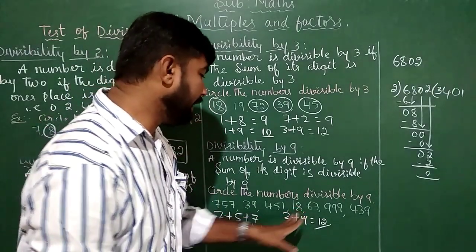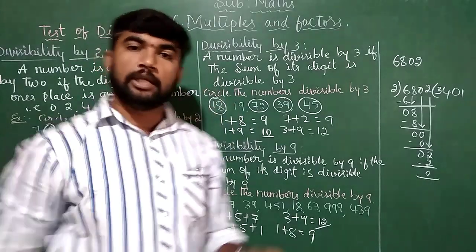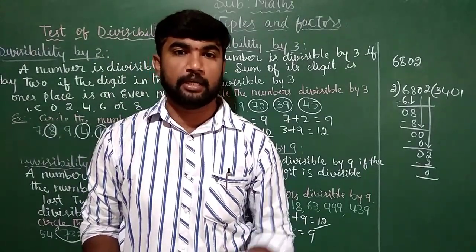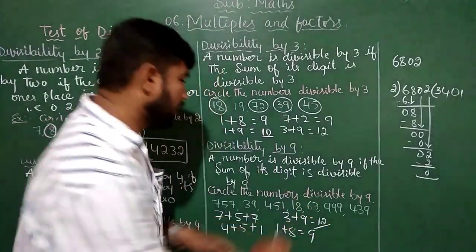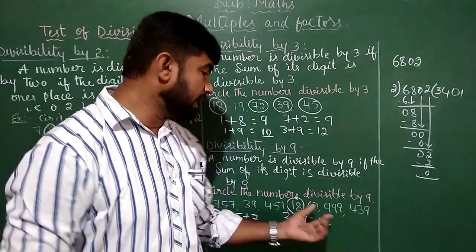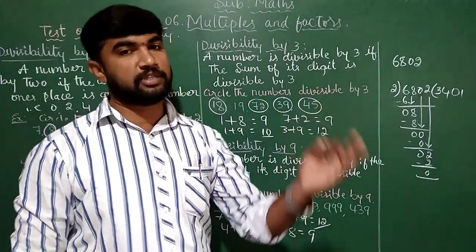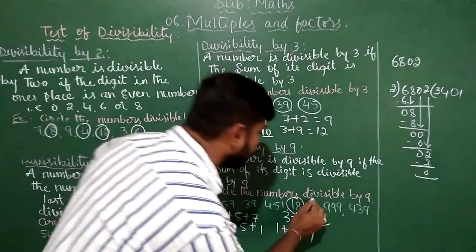Okay, and 18. 1 plus 8 equal to 9. The 9 is exactly divisible by 9, so 18 is divisible by 9. Next, 63. 6 plus 3 is 9.